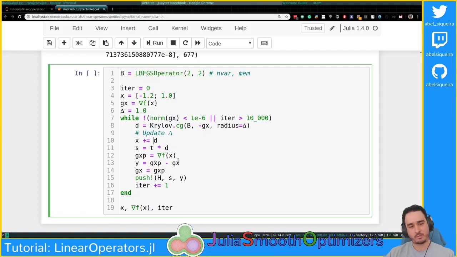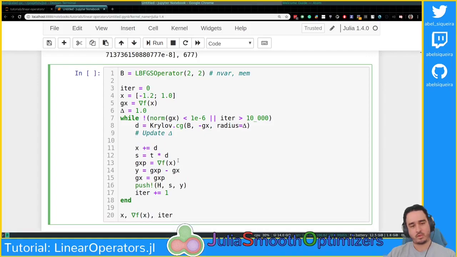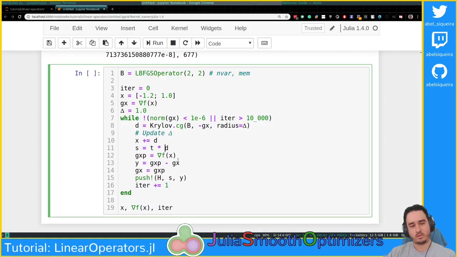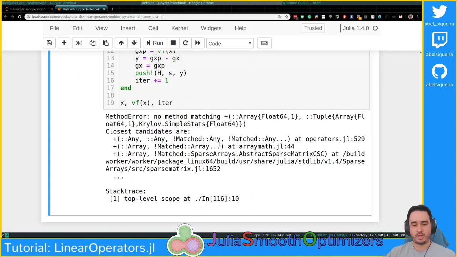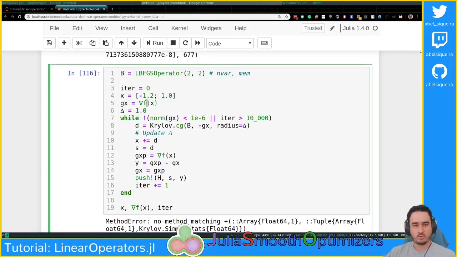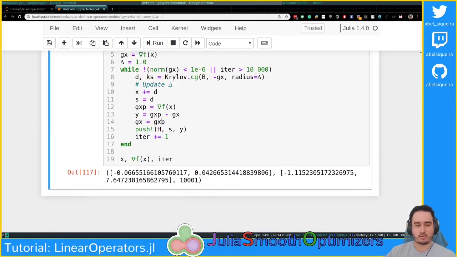So this is the hard part, of course, updating the radius. I'm just gonna run and hope that it works. In this case, I believe it does. I just forgot to set the Krylov stats as output.